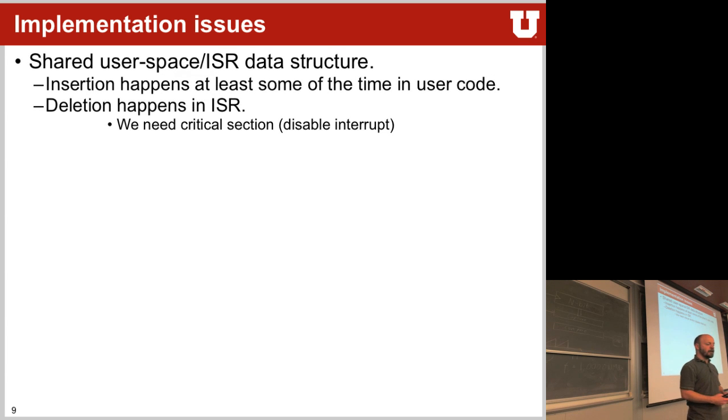What else could happen during implementation? Well, you all of a sudden have a linked list that you have to share between your interrupt service routines and software code, right? When software tries to schedule something, it will have to add an element into the linked list. But as you remember from the interrupt lecture, what happens if an interrupt happens while you're adding something into the linked list?